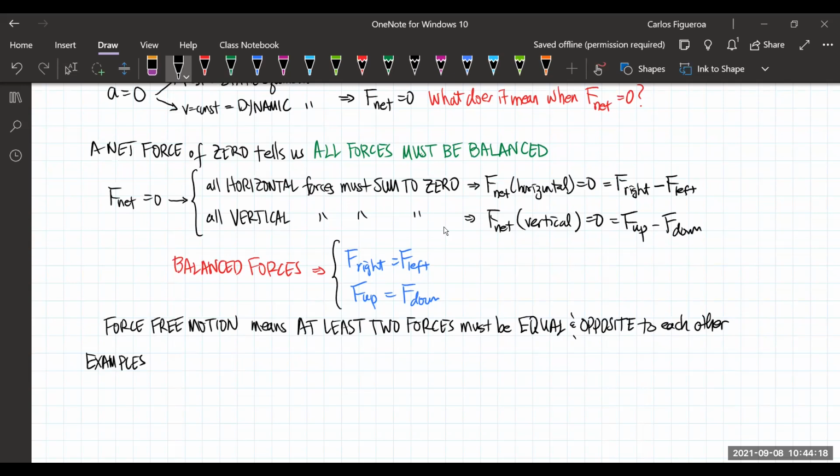The first example I'm going to use is rest, which is the same as static equilibrium. That's what we're going to be looking at right here.